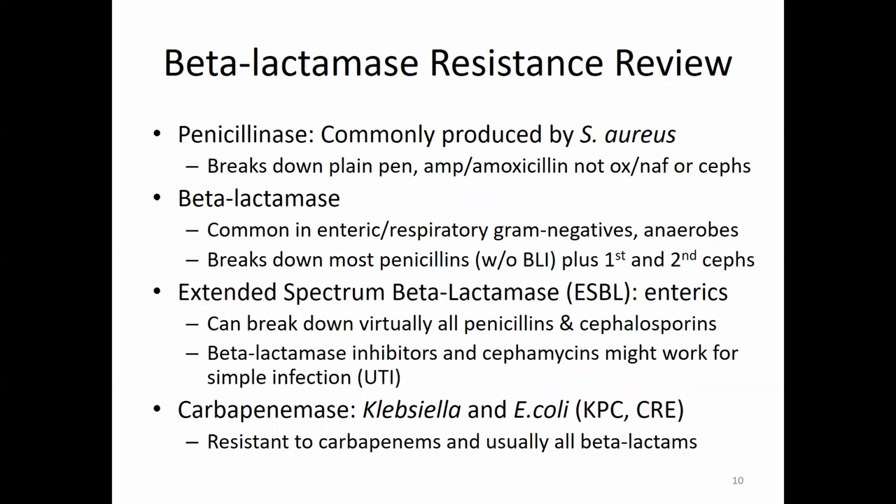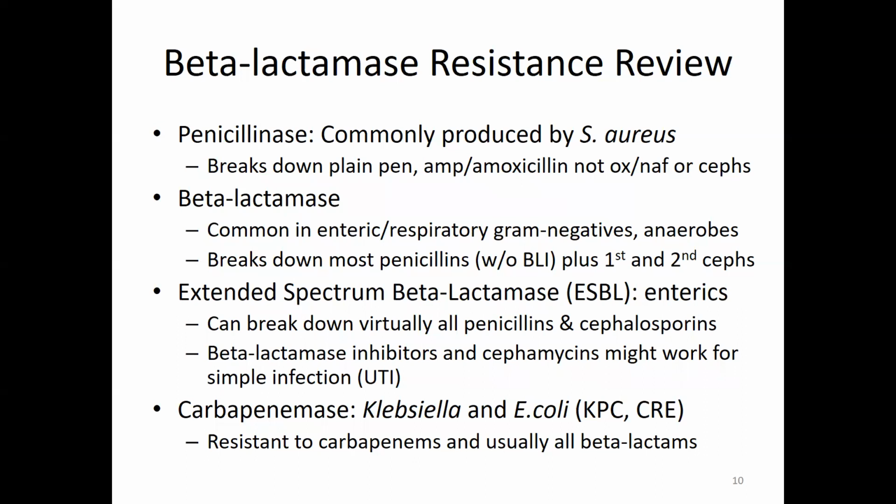Now, just to summarize some of the beta-lactamase resistance mechanisms I've been mentioning, going back to penicillinase, that's really only for Staph aureus, and that's what breaks down the natural penicillins and the aminopenicillins, but not oxacillin, nafcillin, or the cephalosporins.